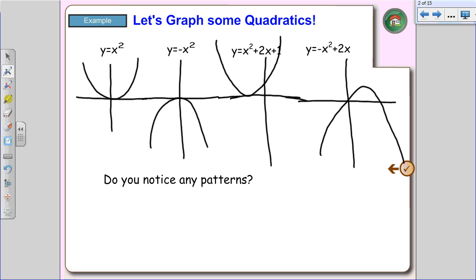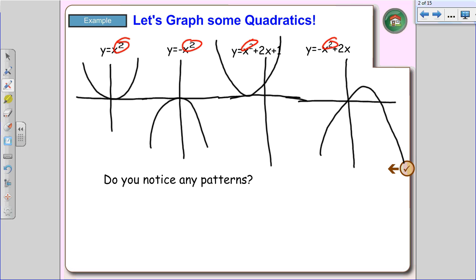So the question is, what patterns do we notice? Well, if we look at the actual equations, we should recognize these are all quadratic equations. The highest exponent is 2 in all of them. We have a b and a c value for some of them. We don't have a c value in others, and we don't even have a b value in a couple of them, but that's okay. What do all of these curves look like?